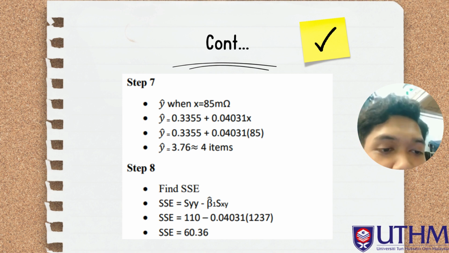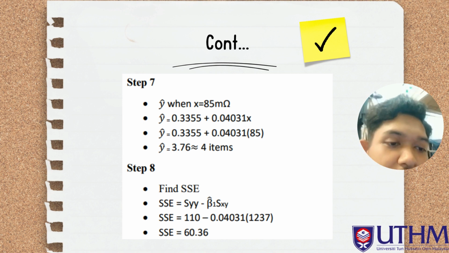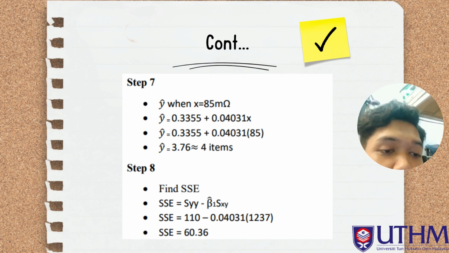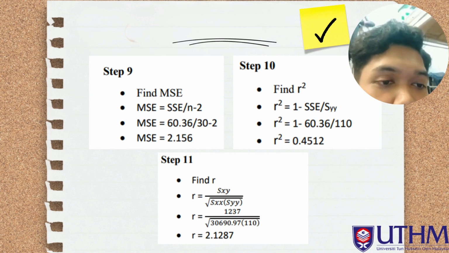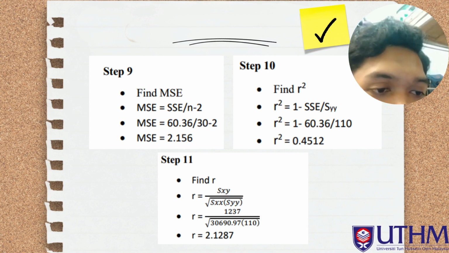Then we find SSE. The formula is SYY minus beta bar 1 times SXY. So the value of SSE equals 60.36. Step 9 is we find MSE. The formula for MSE is SSE over n minus 2. So the value of MSE equals 2.156.